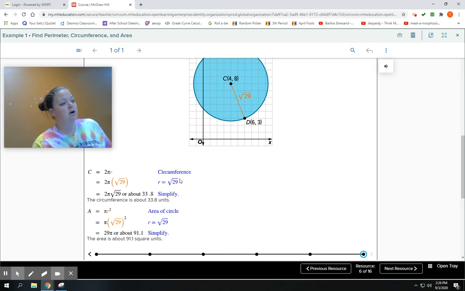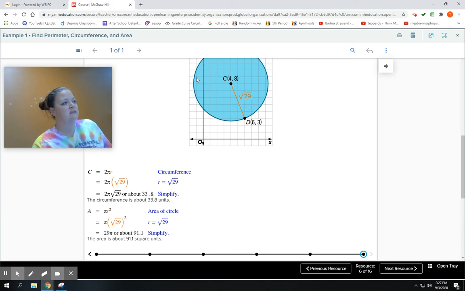So we plug in our square root of 29 for r into the circumference formula, and you can either leave it as 2 pi square root 29, or if it asks you to round it, you can round it to whatever it asks you to. In this case, they round to the tenths place, so 33.8 units, right?